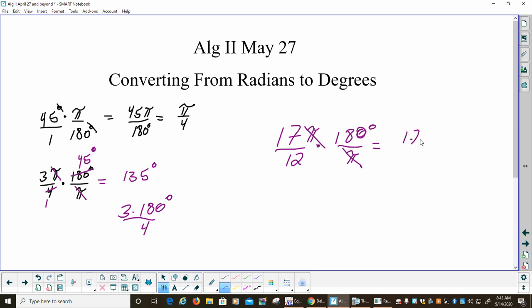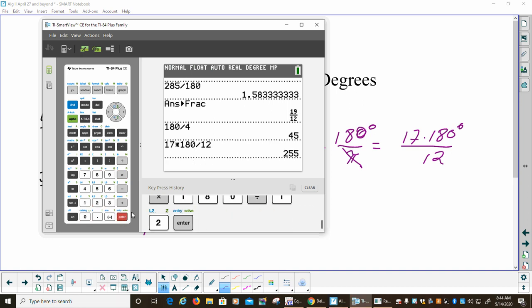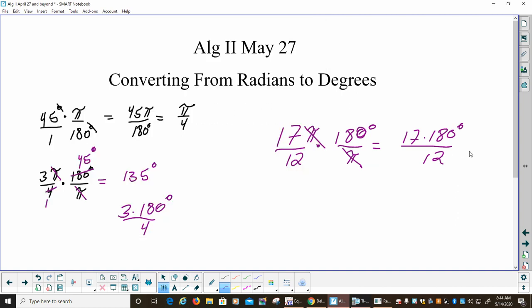So 17 times 180 divided by 12. I'm going to just type that in the calculator. 17 times 180 divided by 12. 255 degrees. Okay? It's pretty straightforward.